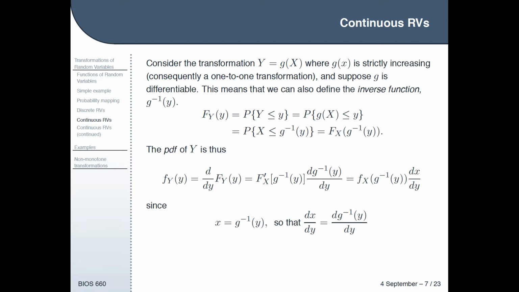We just take the density function for the original f and plug in g inverse of y inside of that. Then we have to multiply by the derivative of the inverse of the transformation function with respect to y.